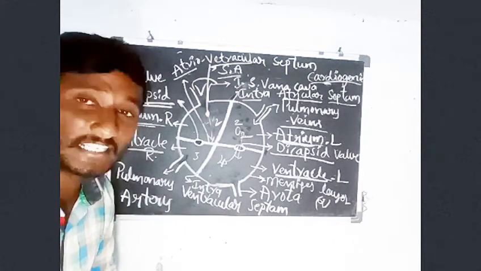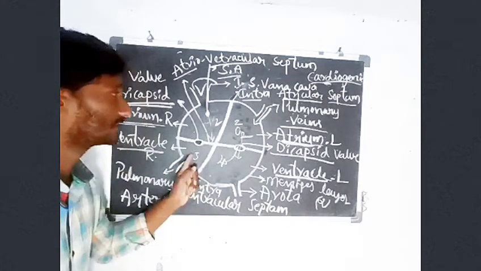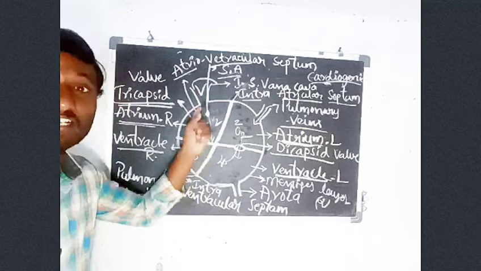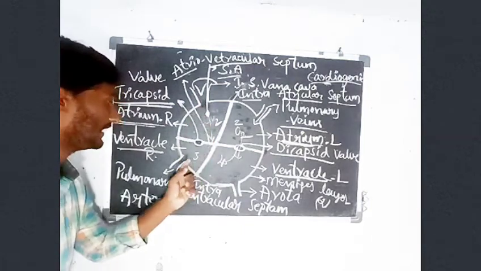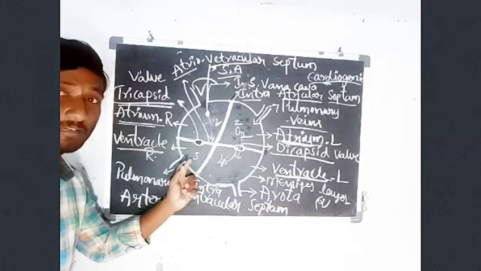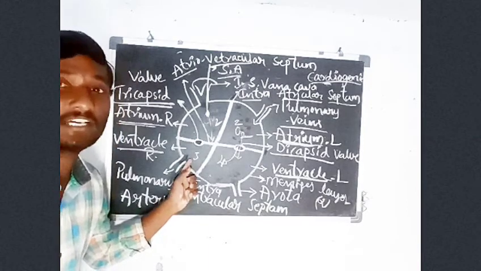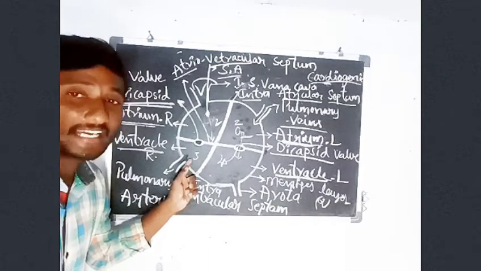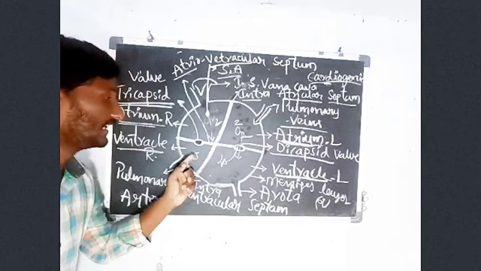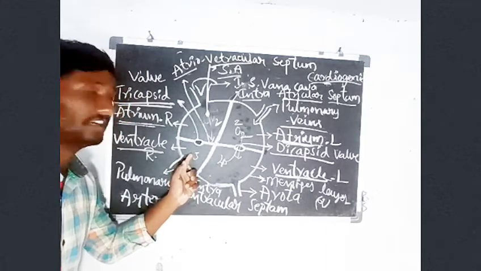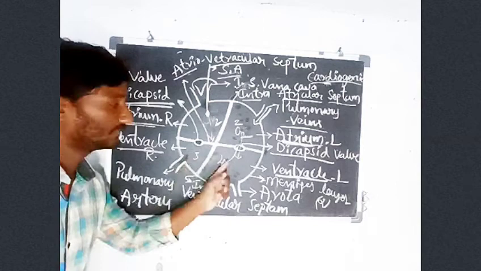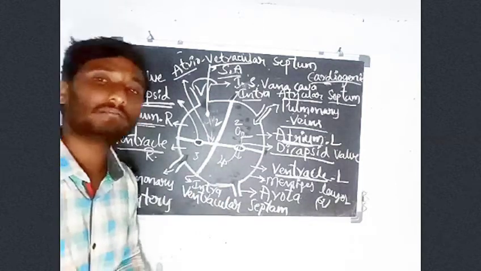Why is it? Because here it receives blood, and this blood is pushed into the lungs, passing into the lungs. That's why the size of the right ventricle is smaller than the left ventricle.